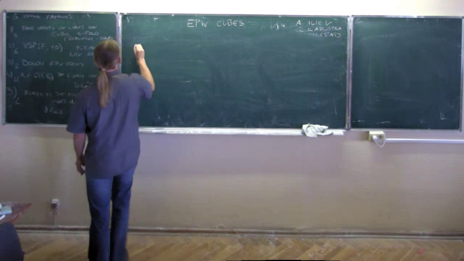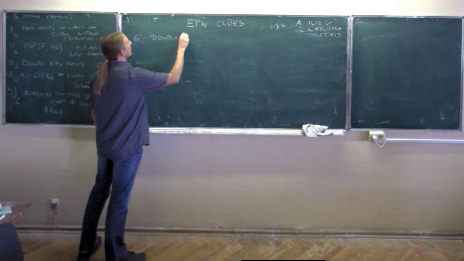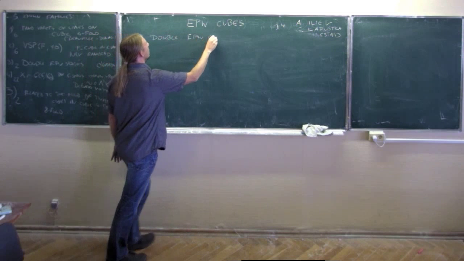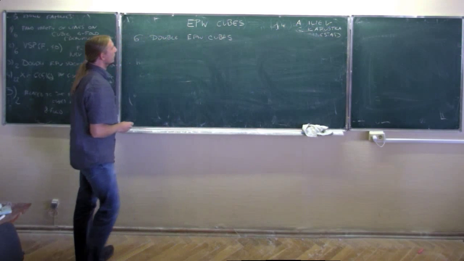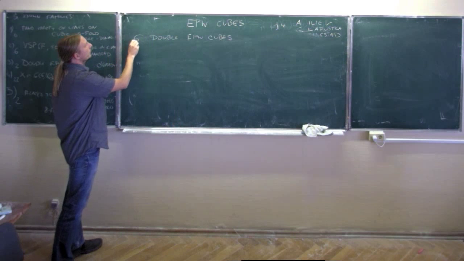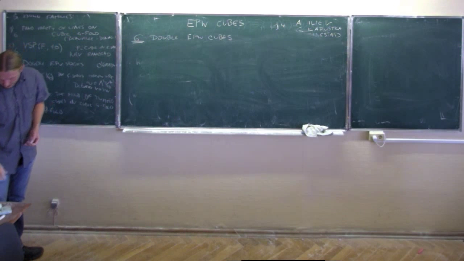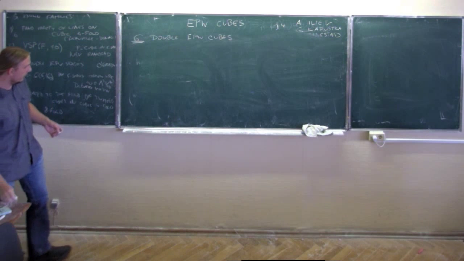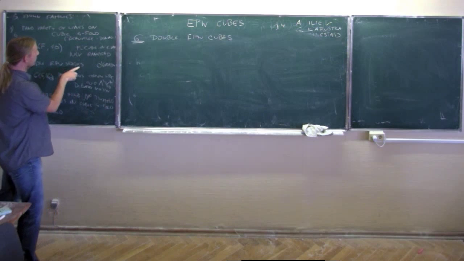So the sixth one will be double EPW cubes. So before I say how to construct an EPW cube and the double cover of it, let me pass to recalling the construction of O'Grady.